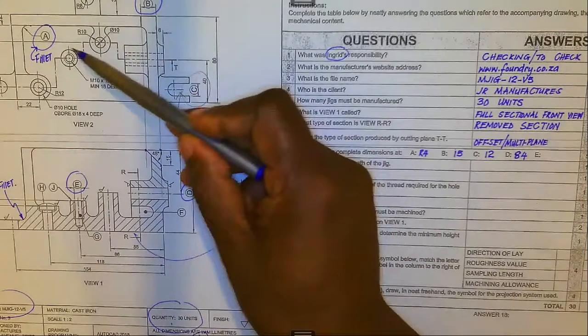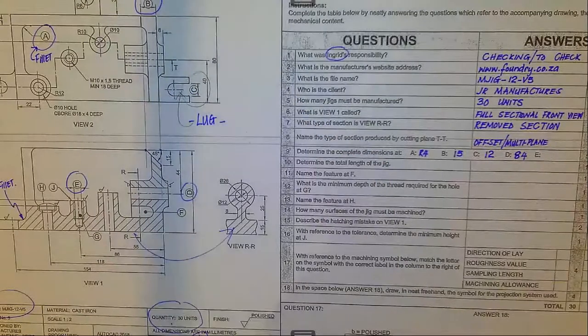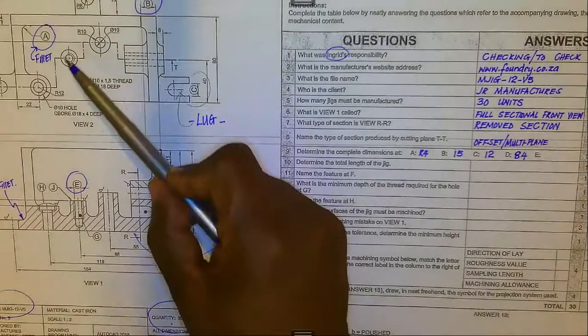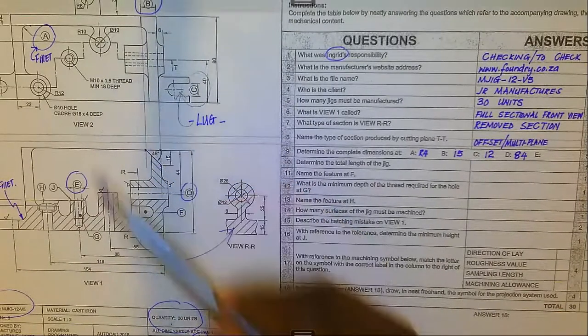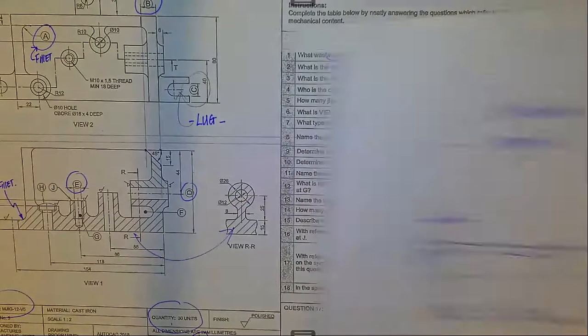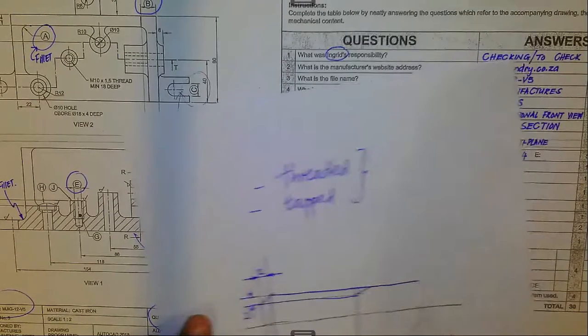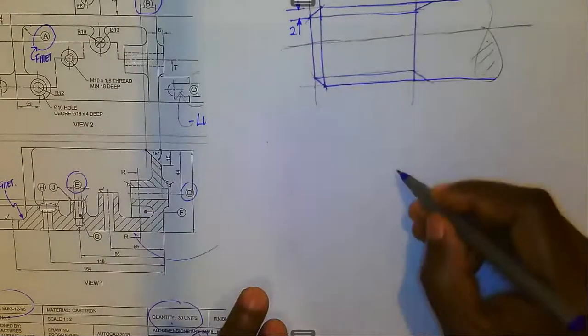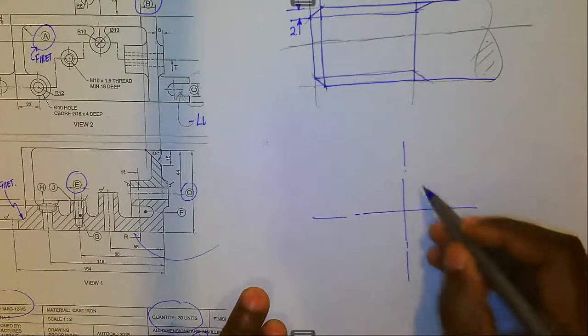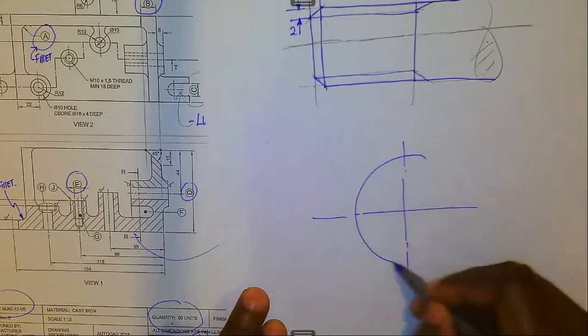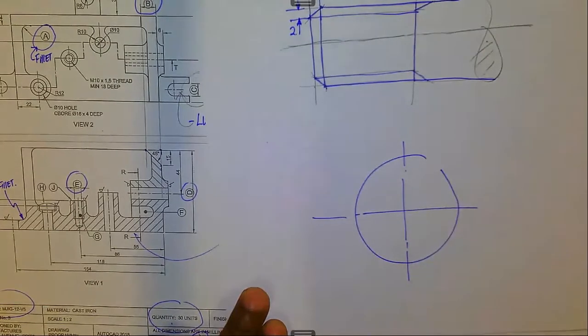We find that information at the top there. It's an M10 by 1.5 thread. Now, what is critical in terms of this? If you have this information like that, you would find there is a circle which is incomplete and not as dark as the other one.